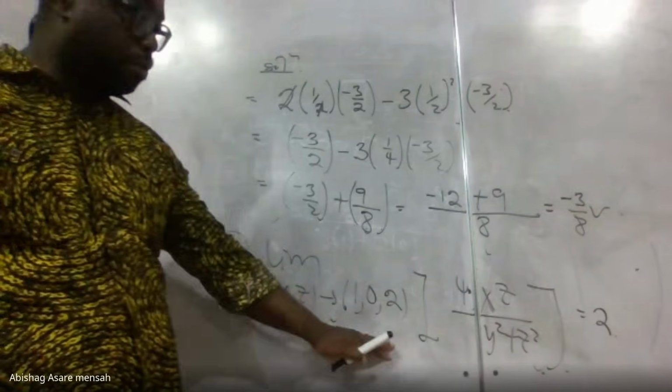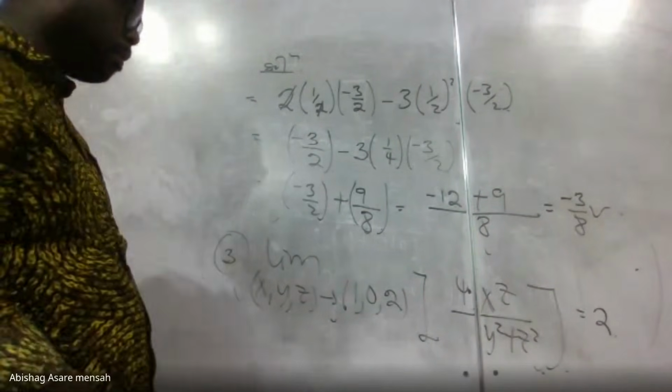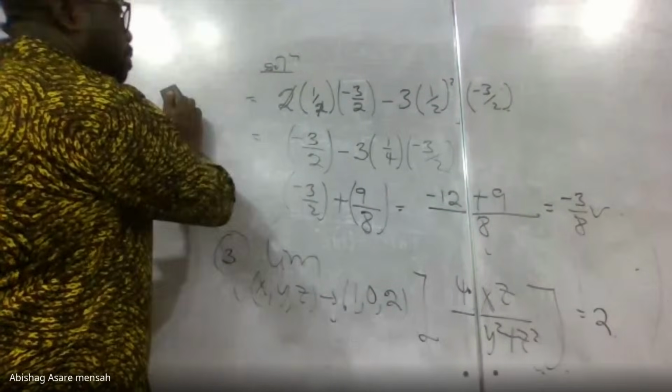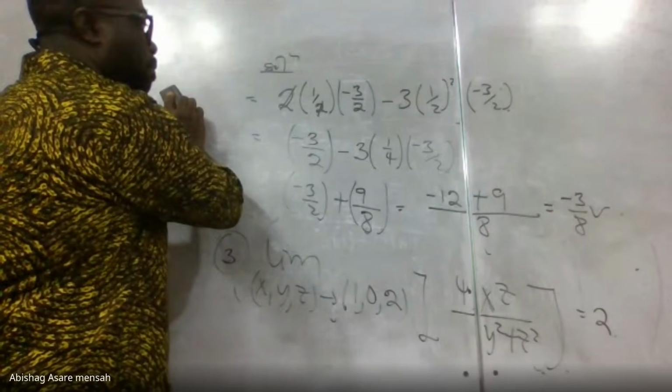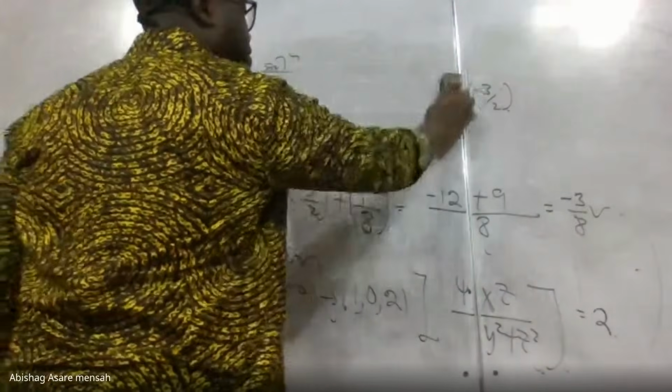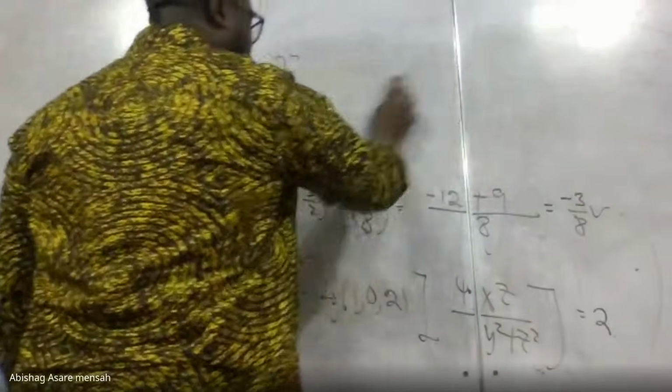And let's go to the last one. Hello, sir. Yes. Please, my network. So the last question, I want to copy the last question. I couldn't copy it before. Okay, copy it.